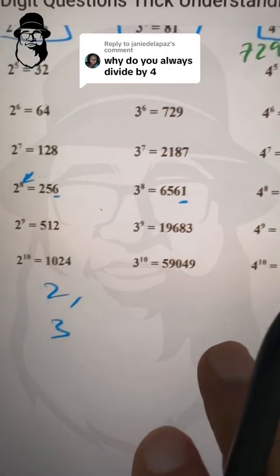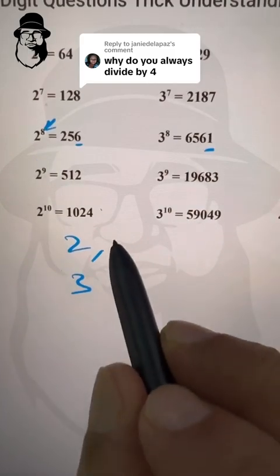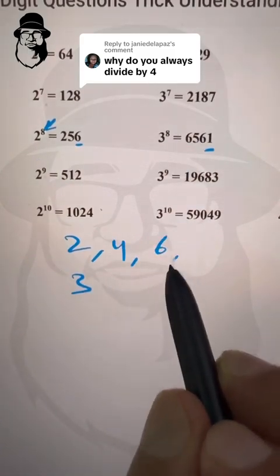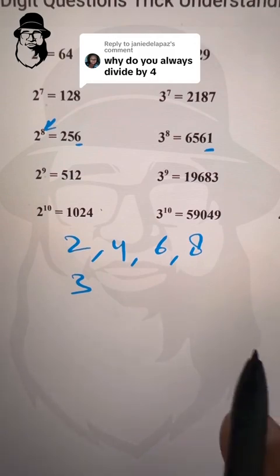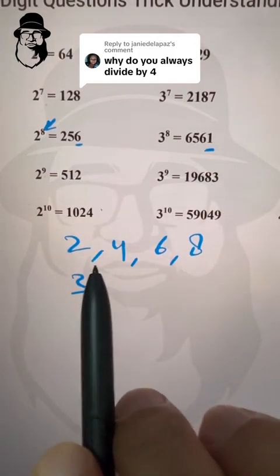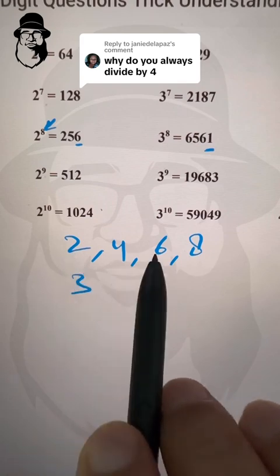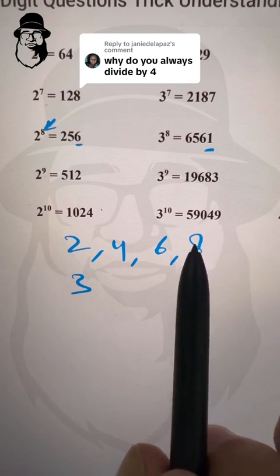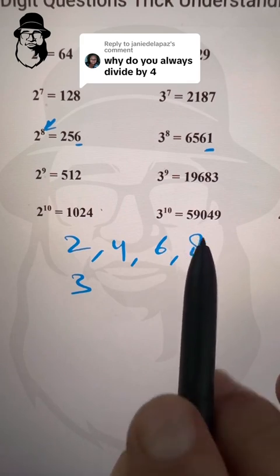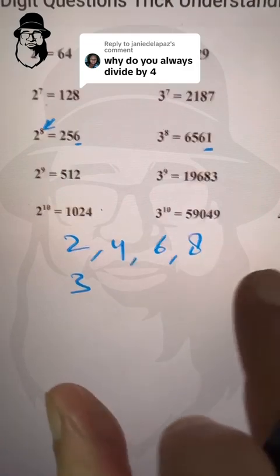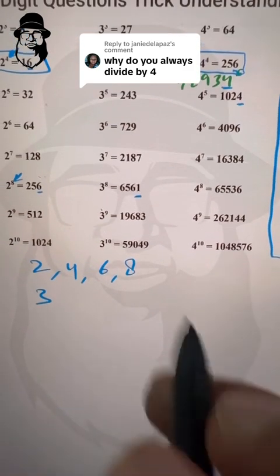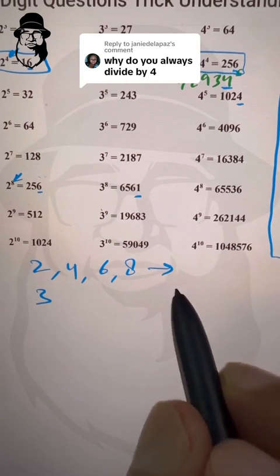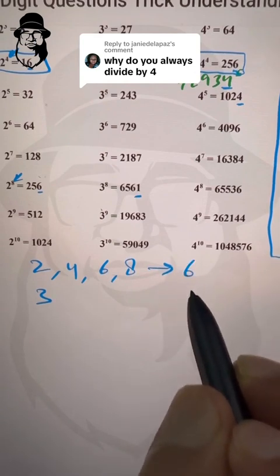Now let me tell you, if the units digit of the number is 2, 4, 6 or 8 and the power is divisible by 4, it means the power is in the 4 times table, the units digit of the answer will end in 6 always.